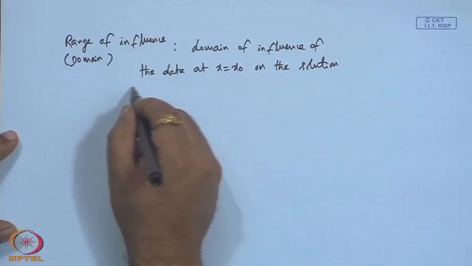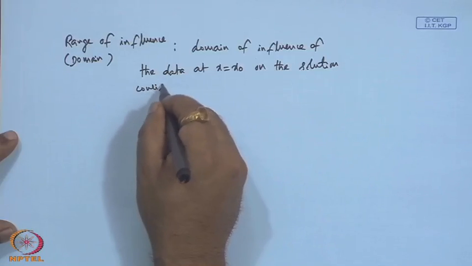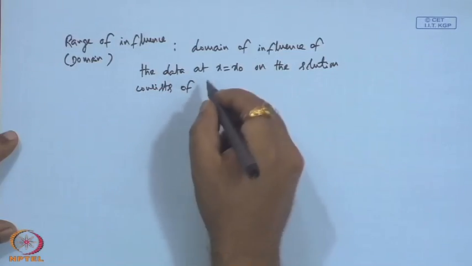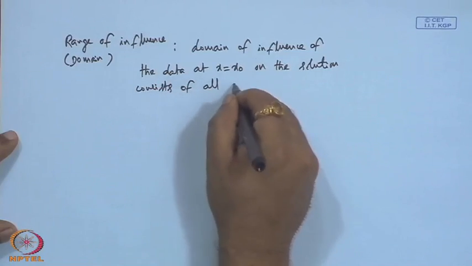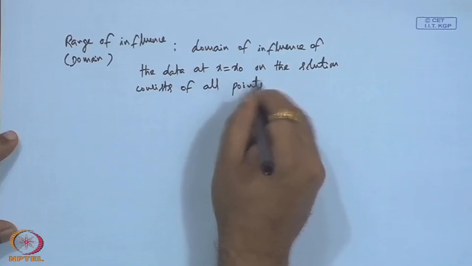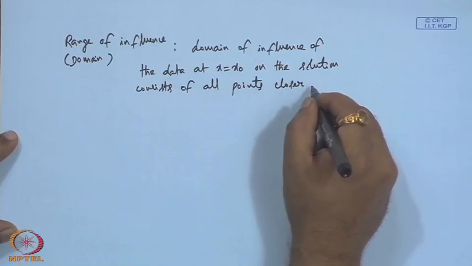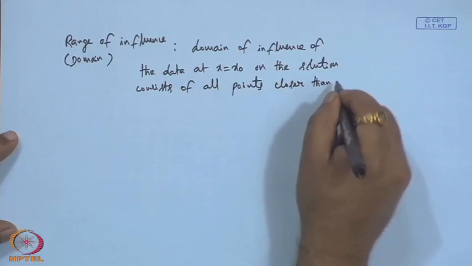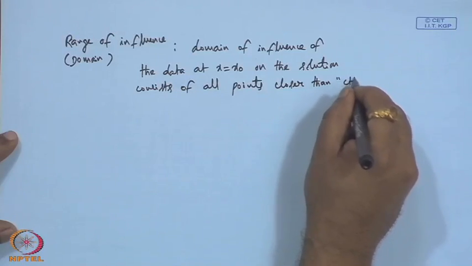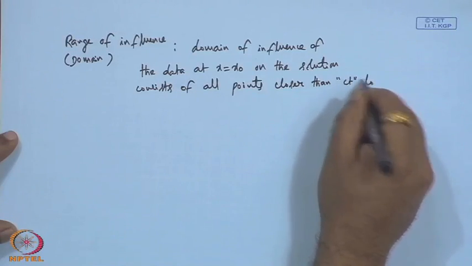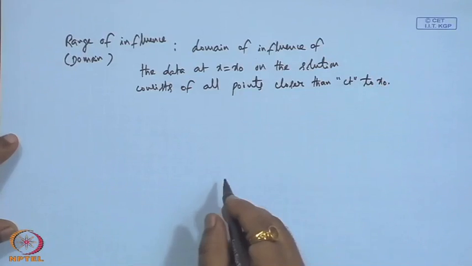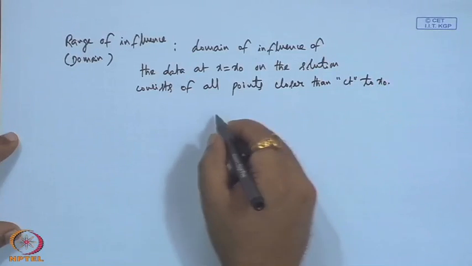So, this consists of all points closer than c t to x naught. What do we mean by that?